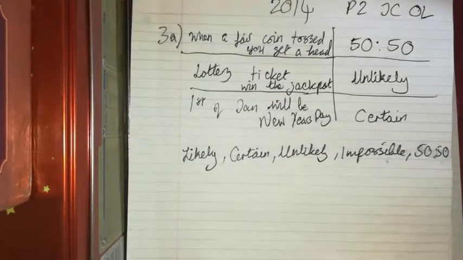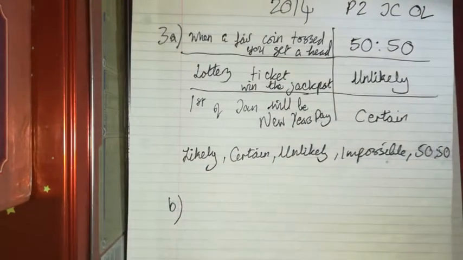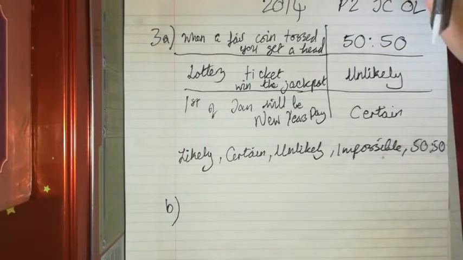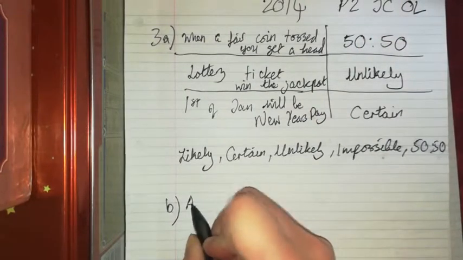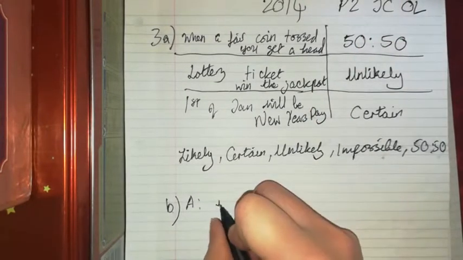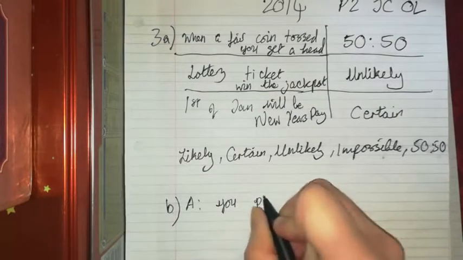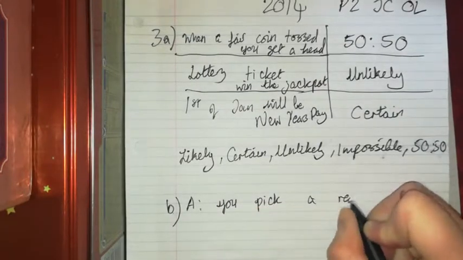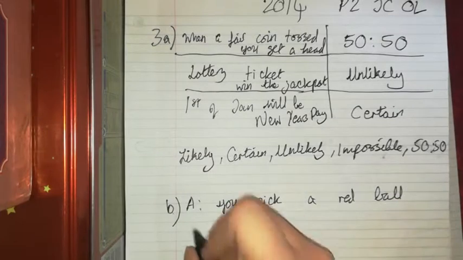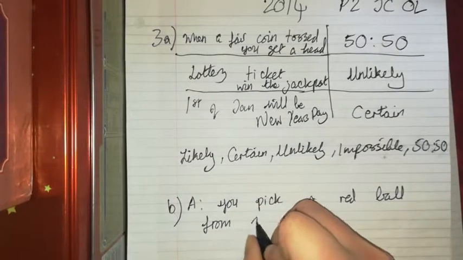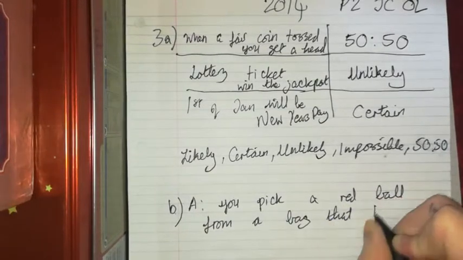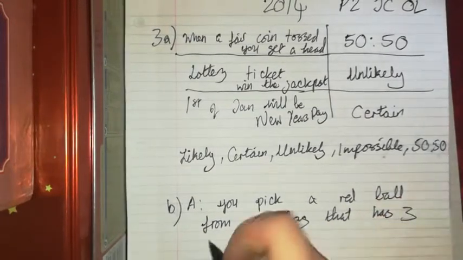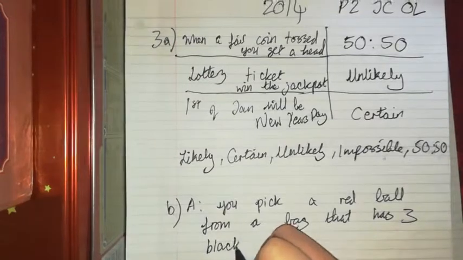Then for part B, 4 events A, B, C, and D are listed below. Event A is you pick a red ball from a bag that has 3 black and 7 red balls.